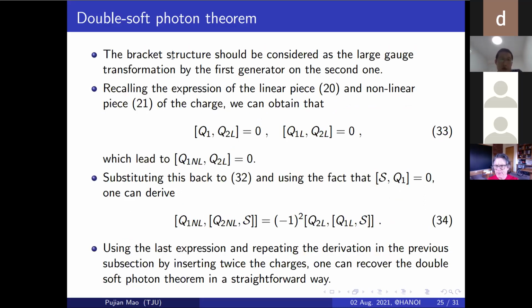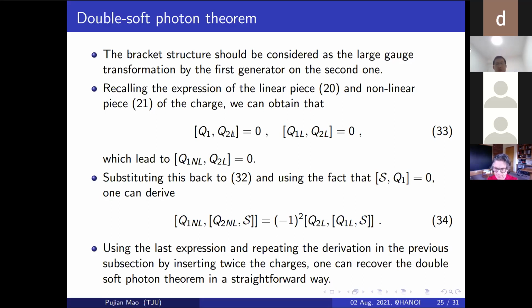While in the bracket structure, basically you are considering the action of the first generator on the second one, and recall the expression of the linear piece: basically you only have the current in the linear piece of the charge, so that you have Q1 commuting with Q2 linear.